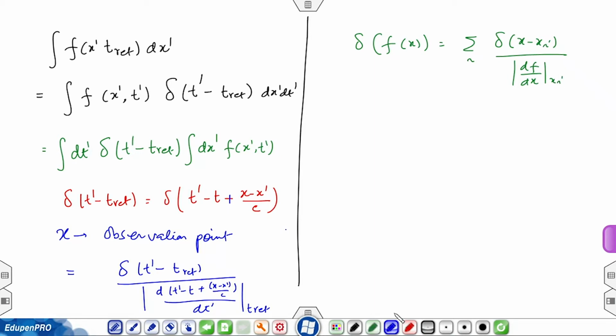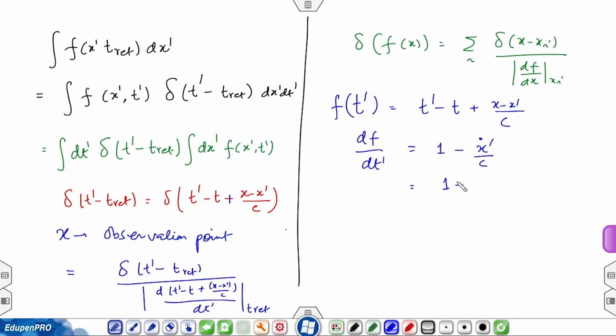Now, we have been given that this f(t') is equal to t' minus t plus x'/c. So, df/dt' is equal to 1 minus x' dot over c, which is nothing but 1 minus v(t')/c. x' after all depends on t'.